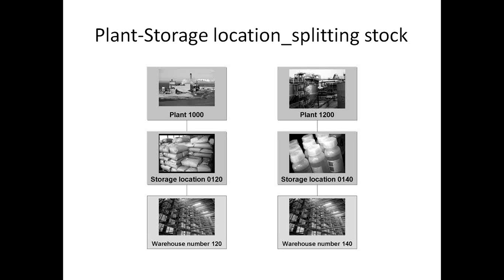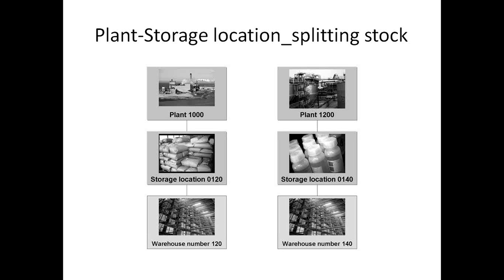We assign plant 1000 and 0120 to warehouse 120, and we have not assigned 0130 to any warehouse. So whenever you receive material to 0130, there won't be any warehouse management activities triggered.